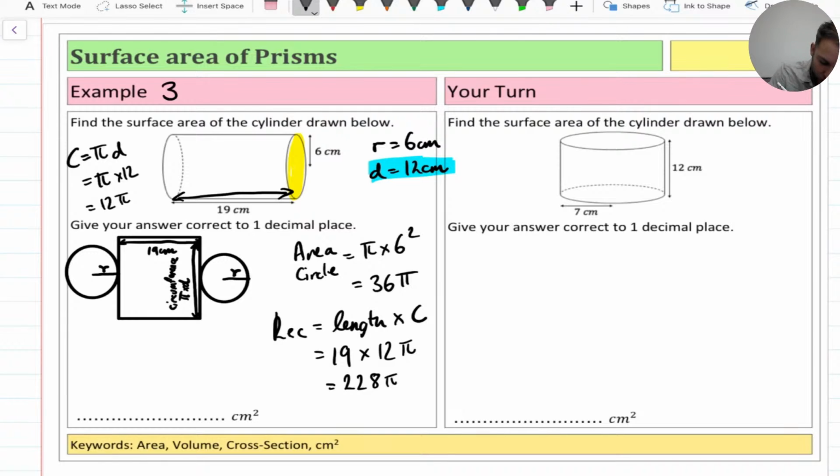So then the last little part is I've got two circles and the rectangle, so I'm going to have to do 36 pi plus 36 pi plus the rectangle, which was 228 pi.